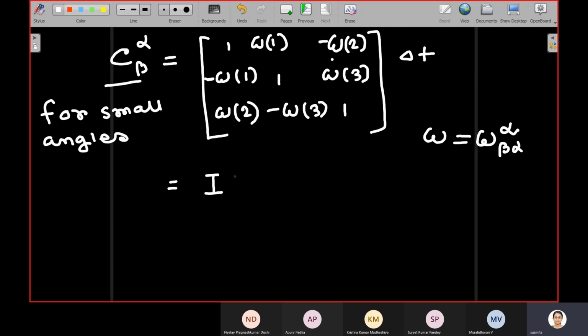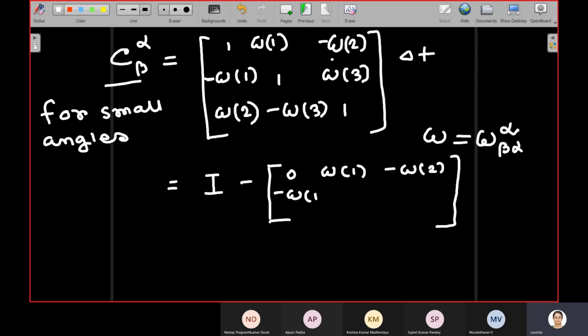So we will take out the identity matrix, the diagonal terms, and then the rest we will put this way, 0, and since we have put a negative sign before, we need to reverse the sign.